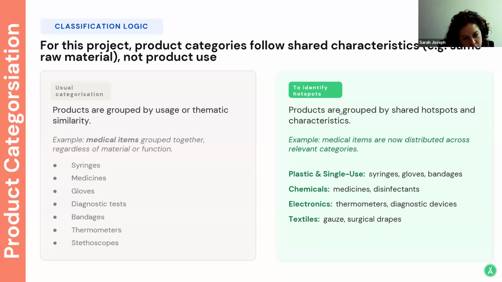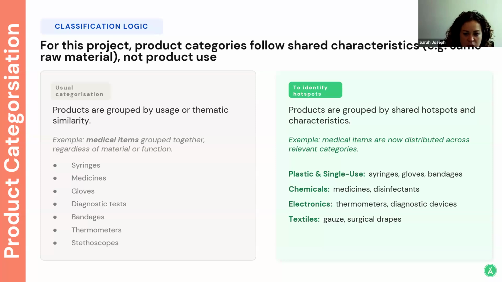So we go to the new approach here, which is rather to group the products by their shared hotspots and characteristics. If we take the same example of medical items, you can see that they are now grouped into several different example product groups. For example, plastic and single use, which includes syringes, gloves, bandages.